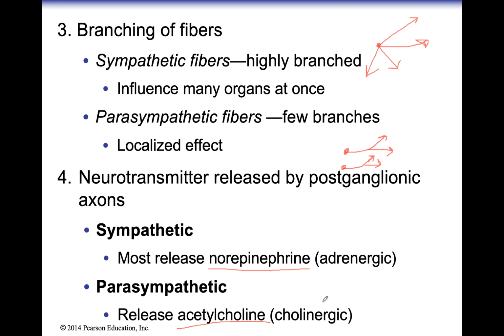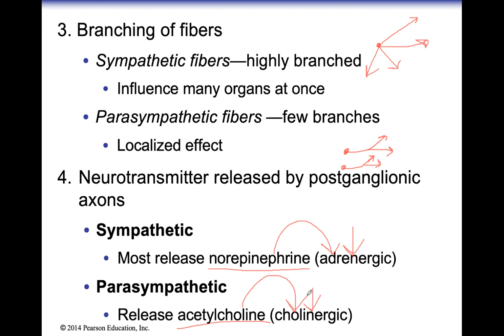Now in parentheses, I added the types of receptors for you. Norepinephrine binds to adrenergic receptors in the heart. Acetylcholine binds to cholinergic receptors in the heart. When this binds to this, it causes an increase in heart rate. When this binds to this, it causes regulation and baseline of heart rate.